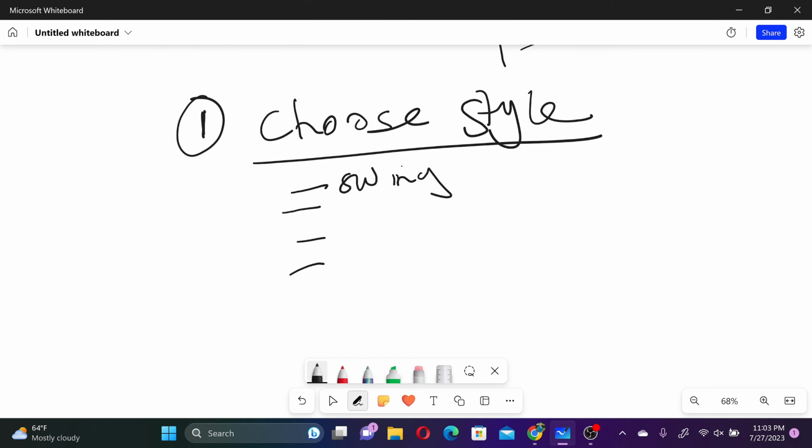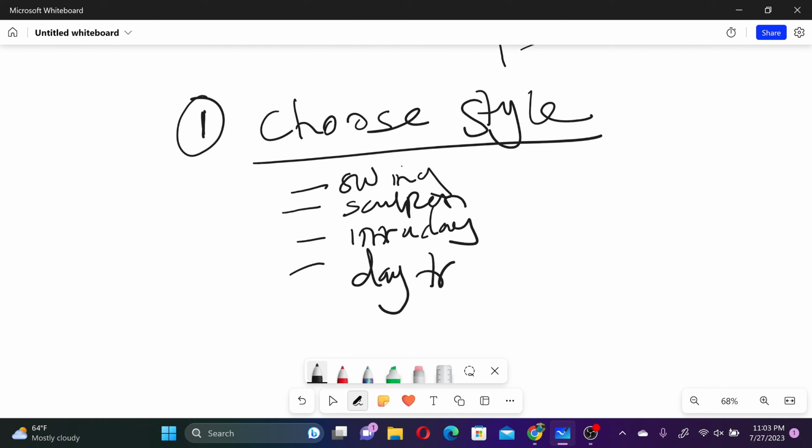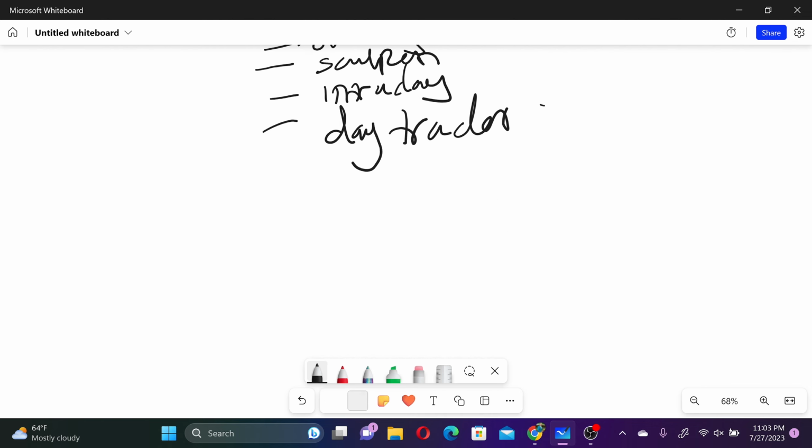Let me just write very fast over here. You can choose between scalper, okay, you can choose intraday, you know, and also you can choose day trader, you know, day trader. Okay, so all these, you just have to choose. If you choose, you know, the strategy is just going to work differently right over here.